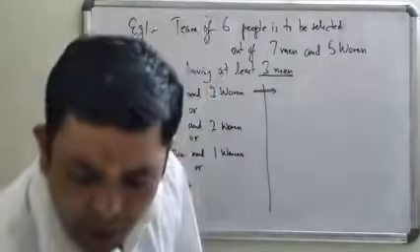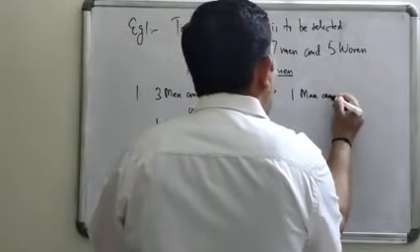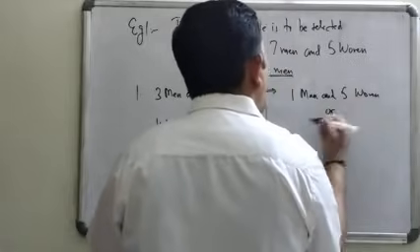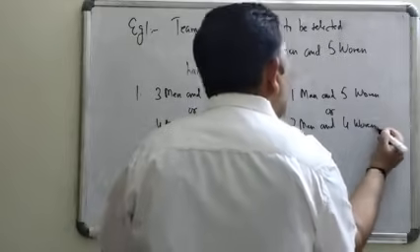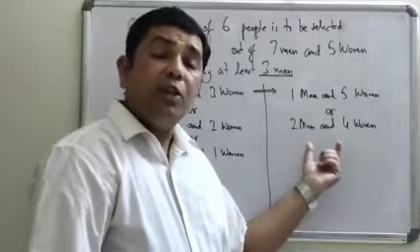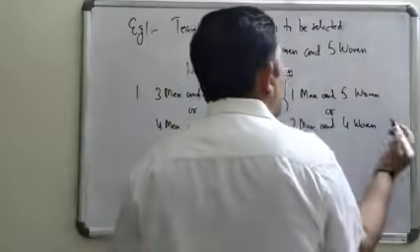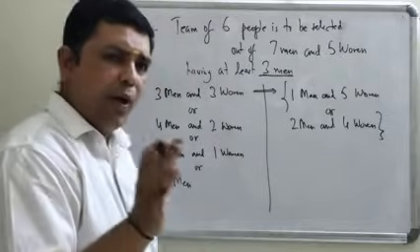So we are talking about 1 man and 5 women, or 2 men and 4 women. We are trying to solve the complement, and then we will subtract this from the total. I hope you are understanding.